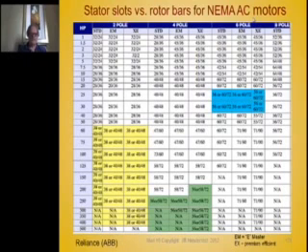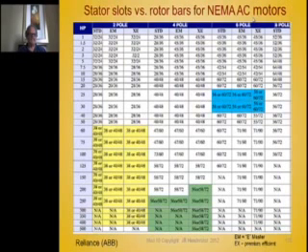Now, with respect to NEMA frame motors, standard stuff that has been built for years, this is a chart provided by either Reliance or Baldor, but they're all the same company now, owned by ABB.